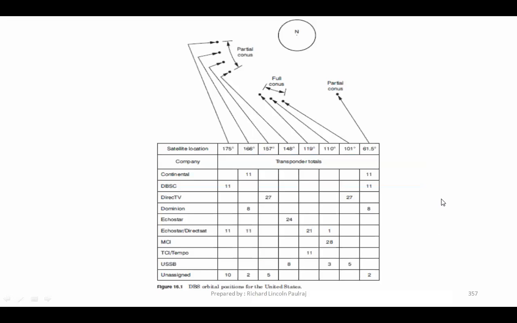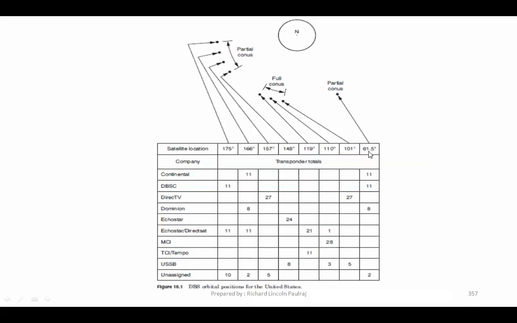So here you can see that the partial conus are here, then the full conus are here, and the partial conus is here. Now, what is all this? These are all like the contacts. They are placed apart, and each is referring to a specific degree.